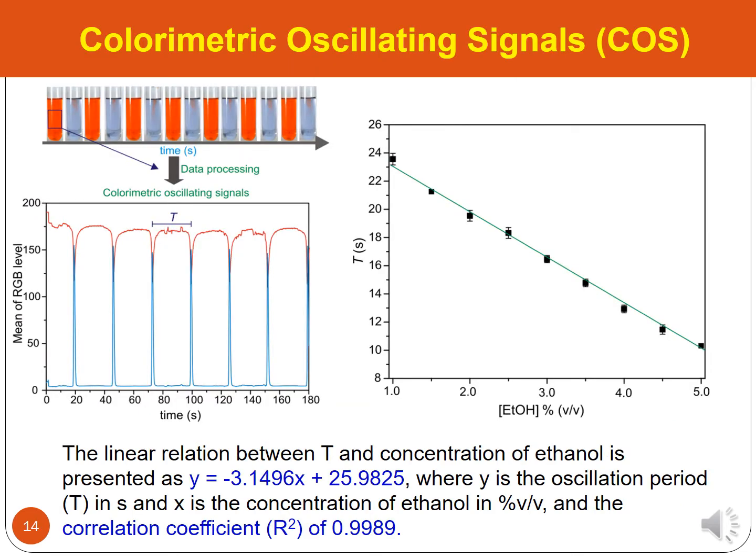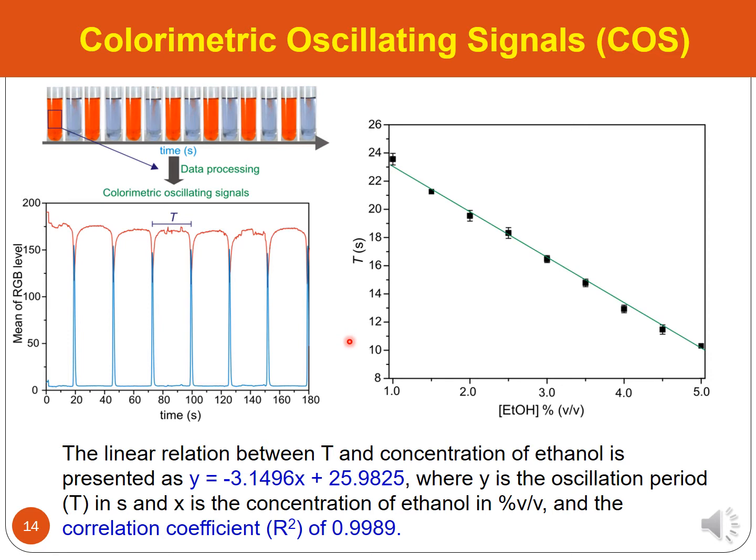For the colorimetric oscillating signal, we get an alternate color change from red to blue, corresponding to the reduced form of ferroin and the oxidized form of ferroin. We use computer programming to get the colorimetric oscillating signal shown here.